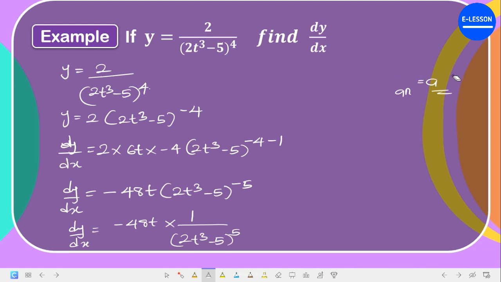The final answer to this question is dy/dx equals minus 48t^2 divided by (2t^3 minus 5) raised to the power of 5. And that is the solution to that question. Let's proceed with another question.